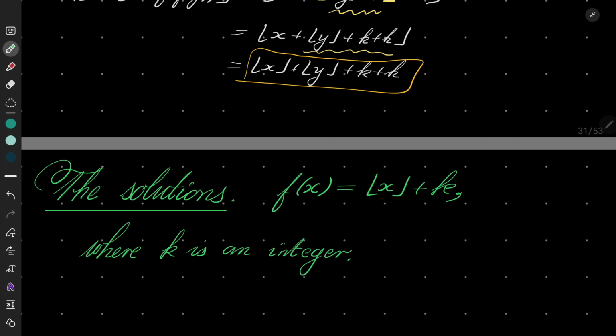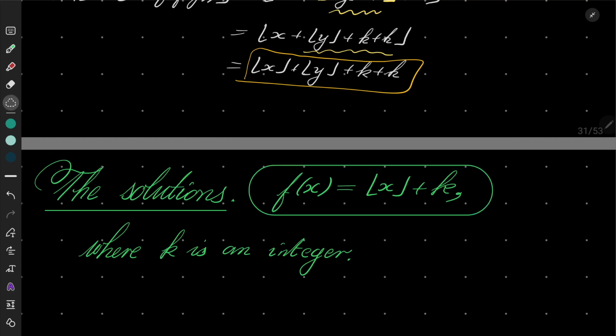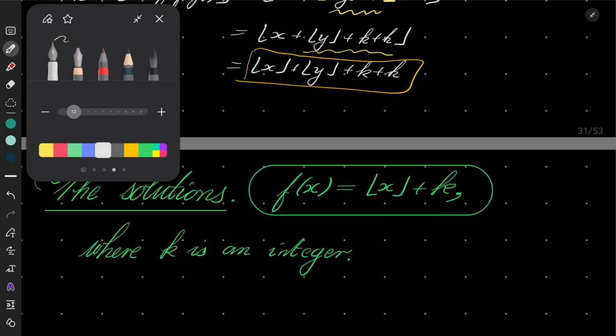Any integer whatsoever. And that closes our problem. Very nice problem, I'd say. Somewhat unusual for floors to be in functional equations, but creative problem.